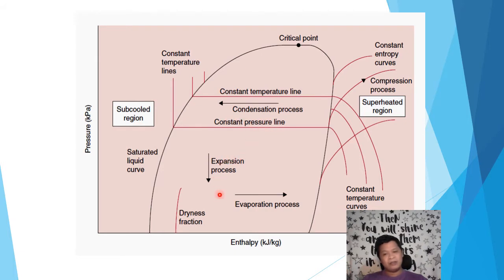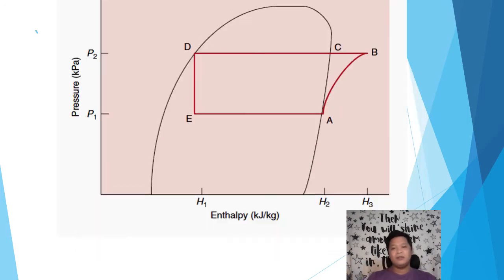On the other hand, sa superheated region naman, yung constant temperature mo are represented by curves. So, bakit po mahalaga ito, no? Kasi we have to understand how this topographic map of sorts works, no? And then, of course, you have constant entropy curves for your compression. So, kailangan kasi natin yung mga tabular values na ito para ma-solve yung mga problems natin on refrigeration.